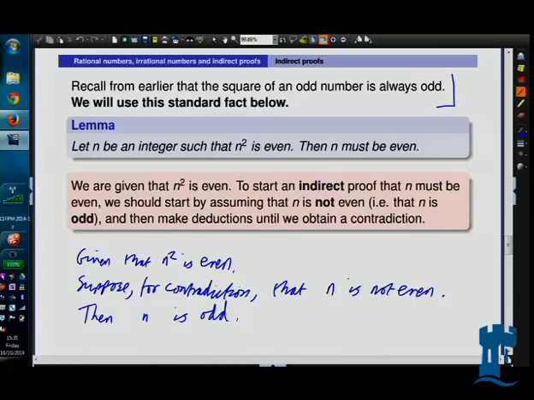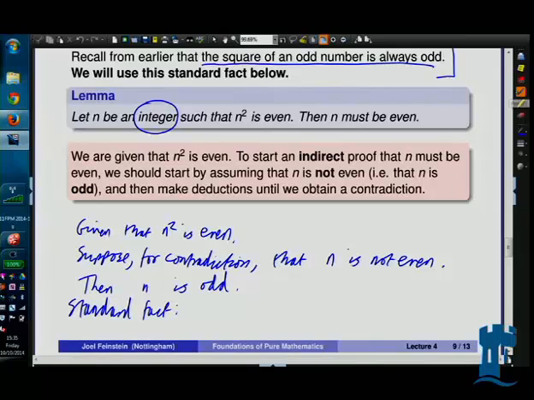Okay, we were told that n is an integer. So an integer that's not even must be odd. And now we know the square of an odd number is always odd. That's a standard fact. The square of an odd number is odd.